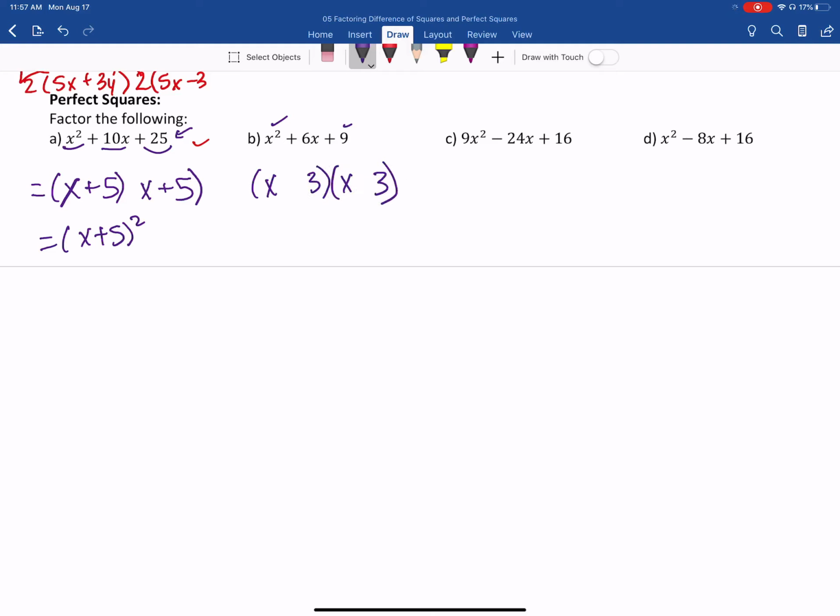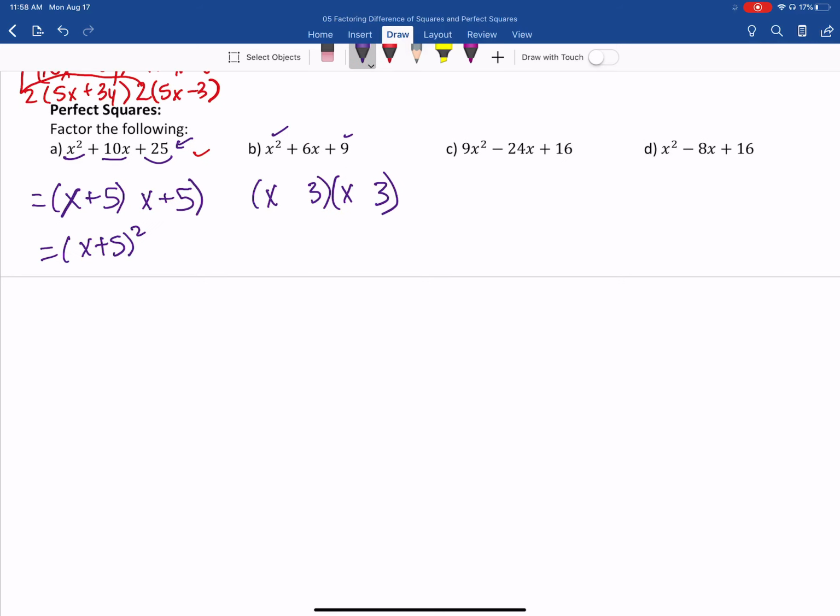And we just have to decide if they're positive or negative. We know it's not going to be one of each because if it was, we would have had our difference of squares, right? So we know that it would have been both positive here because that one's positive.